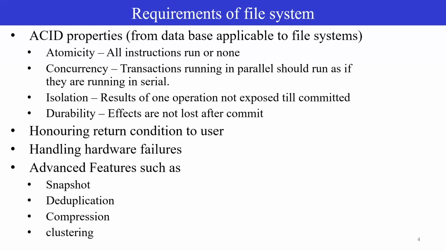Normally databases have pre-commit, commit, post-commit kind of stages. In the case of a file system, a particular file system operation can cause multiple transactions. For example, even if you're just extending a file by 1 block, it causes a bunch of metadata operations beneath. The inode needs to be updated.